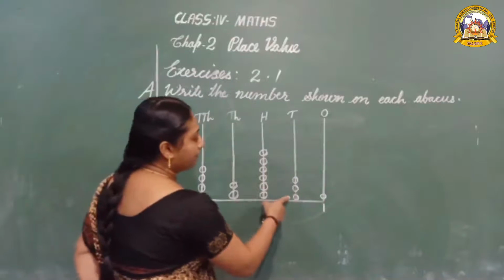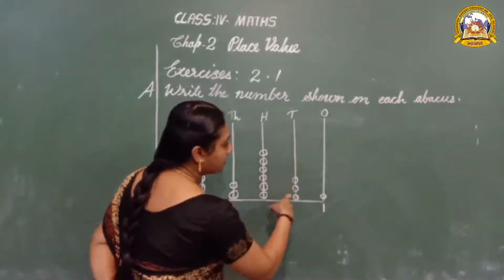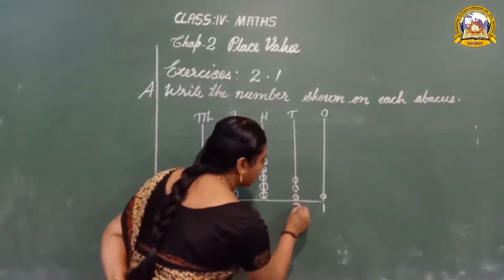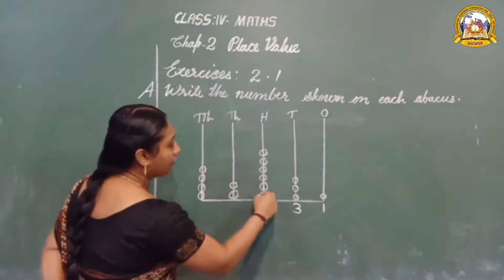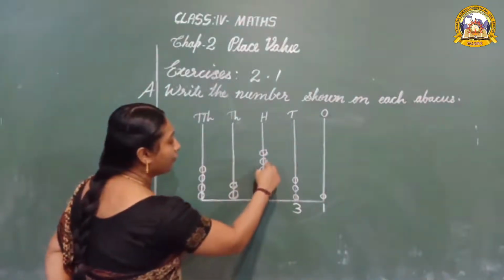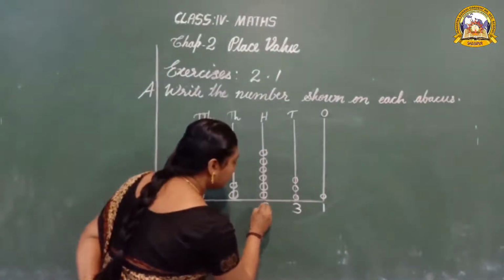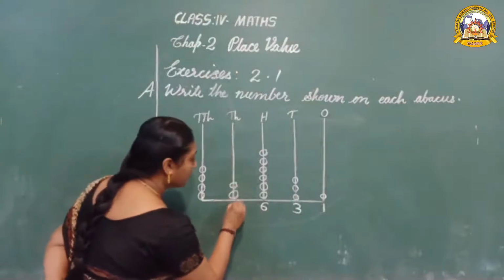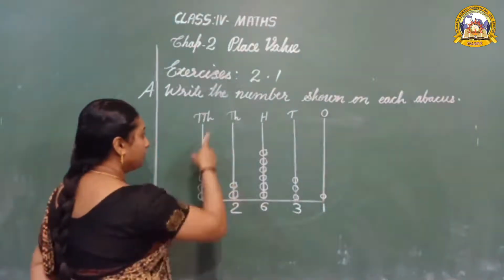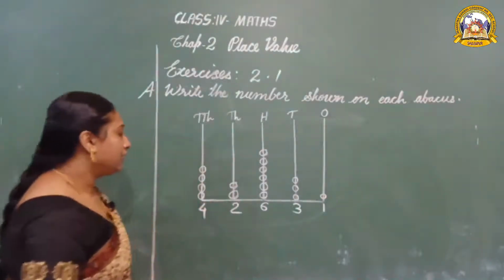Next, how many beads are there under tens? Yes, 3 beads. Next, under 100, 1, 2, 3, 4, 5, 6 beads are there. So we can write 6. Then under 1000 there are 2 beads. You should write 2. Then under 10,000 there are 4 beads.